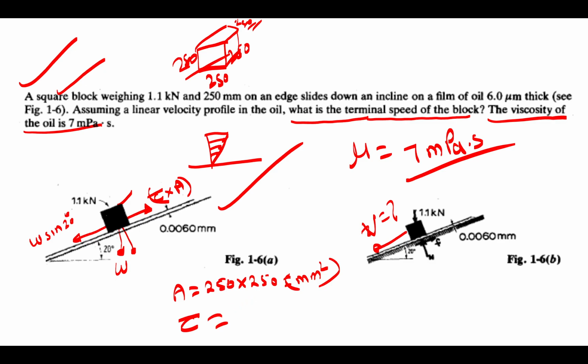Tau is equal to, you know already, mu into del u by del y. But here it is a linear velocity profile, so velocity divided by y. Now it is very easy. Please try to think.